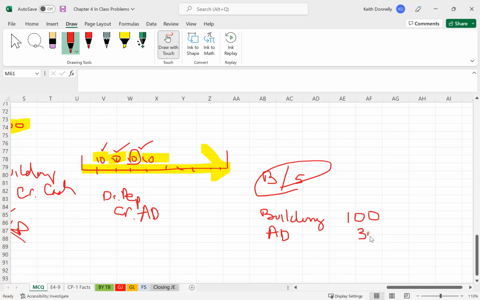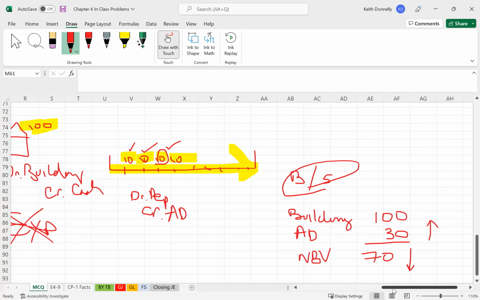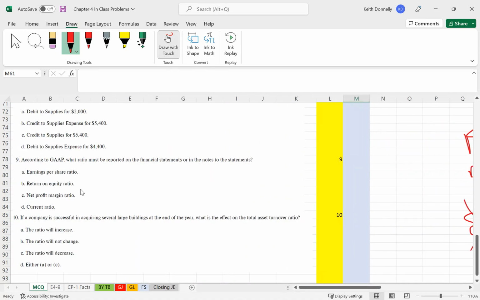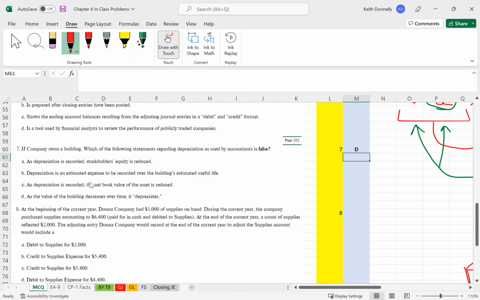We have 30 there. That means 70 is going to be our net book value. So to the extent you increase depreciation, you're going to decrease net book value. And I say all of that because the other answers here are going to line up with all of those items. So as depreciation is recorded, stockholders' equity is reduced.